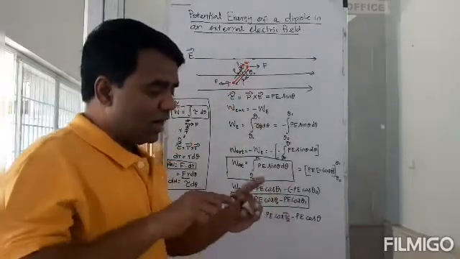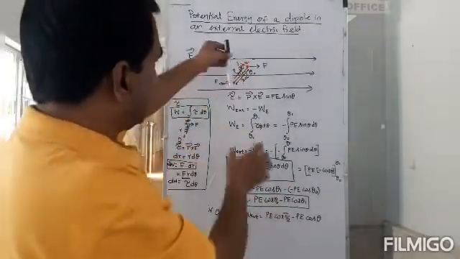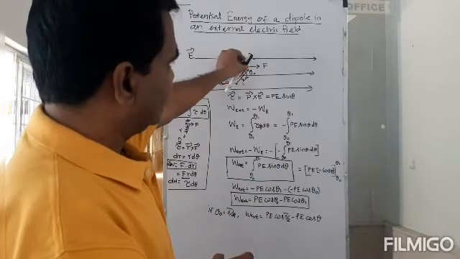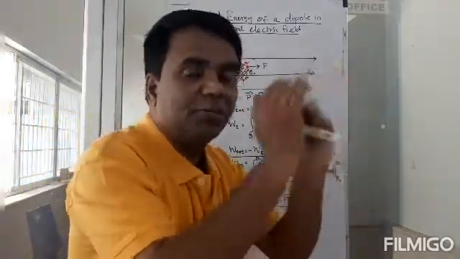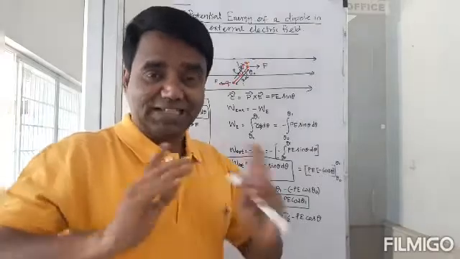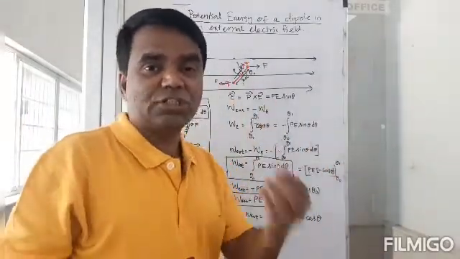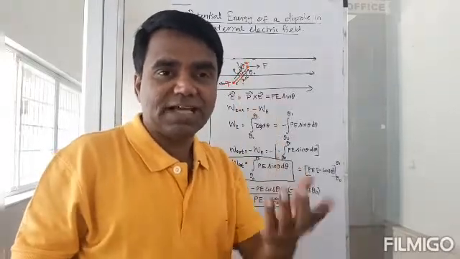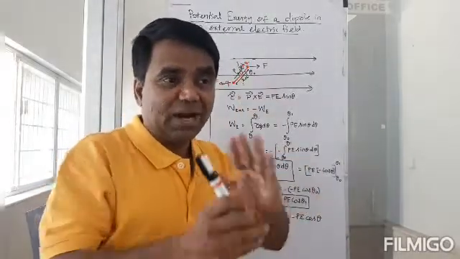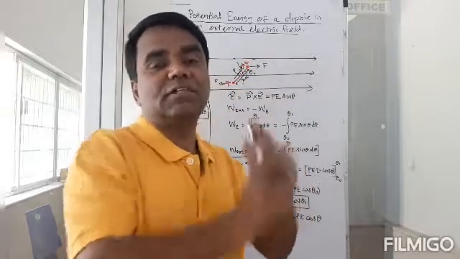So now, if I choose this as my zero potential energy, then every other angle will have a potential energy. Again, what is important? The potential energy difference. It is only a question of choosing one angle as the reference angle.